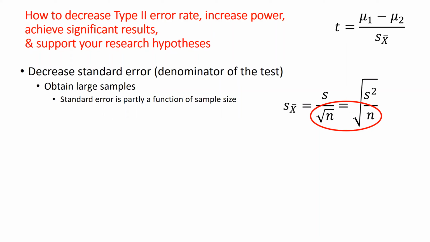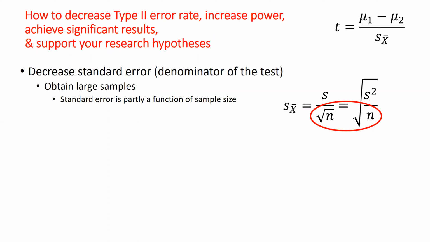And so one way to decrease the standard error term is, I'm sorry, to increase the denominator in the standard error term. There was a mistake there. So increase the denominator in the standard error term, which is n.